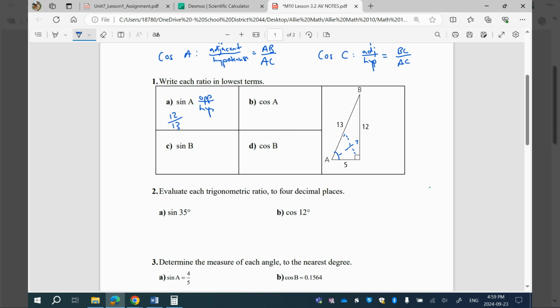And cosine A is going to be our adjacent side. This side right here is touching our angle, but it's not the hypotenuse. So that's adjacent over hypotenuse, 5 over 13.